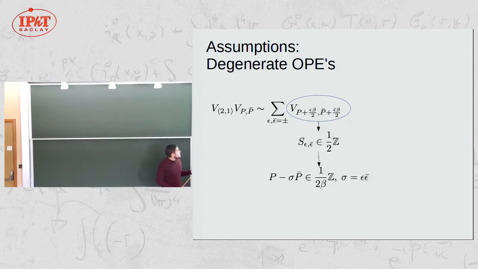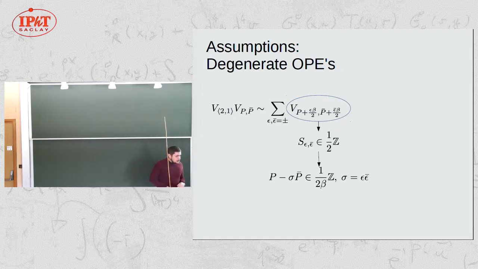So when looking at this OPE, we have 2 terms in which the momenta are shifted in the same way, so we have epsilon equal epsilon bar and sigma equal 1. And conversely, we have 2 other terms in which the momenta are shifted differently, and thus for those 2 sigma equal minus 1.